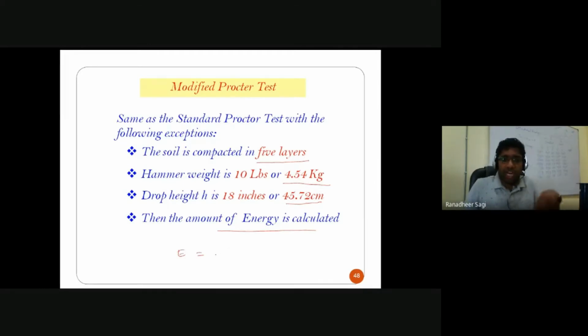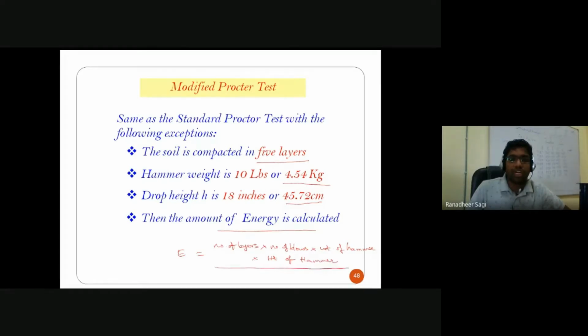The amount of energy used there for carrying out the compaction is equal to the number of layers in which the soil is compacted, into the number of blows given for each layer, into the weight of the hammer or rammer, into the height of the hammer or rammer, from what free fall height the rammer is falling. This total is divided by the volume of the mold.